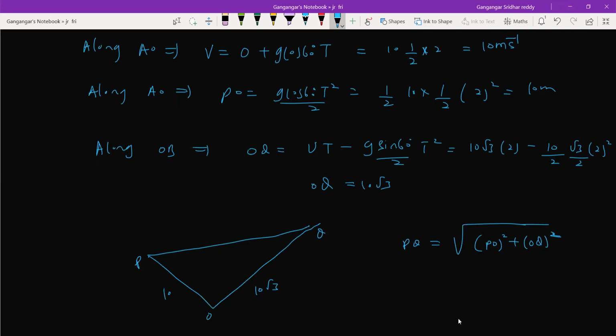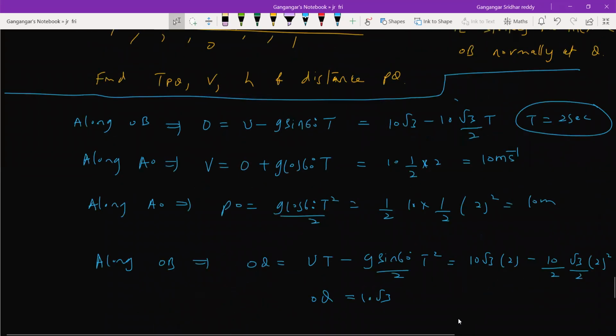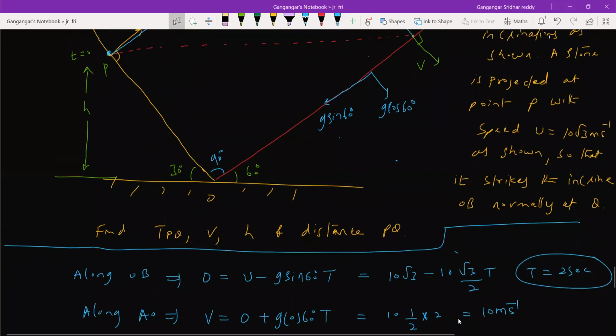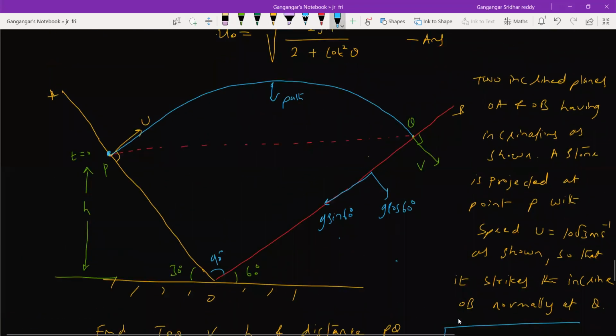Sir, why did you take acceleration on the second inclined plane like g cos 60 and g sin 60? I had to resolve g, no? Why did you not take g sin 30 and g cos 30? It will be the same, no? It is going to strike the inclined plane here, so I'm resolving with respect to the point of striking.